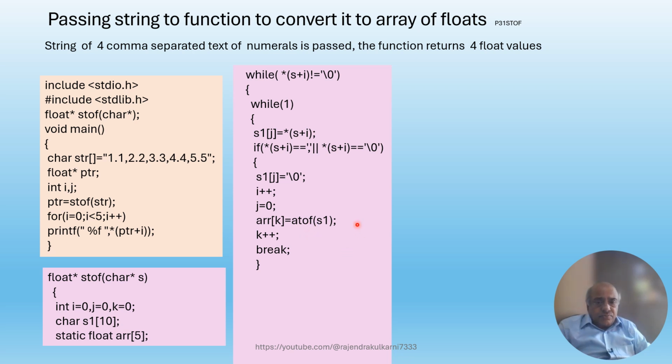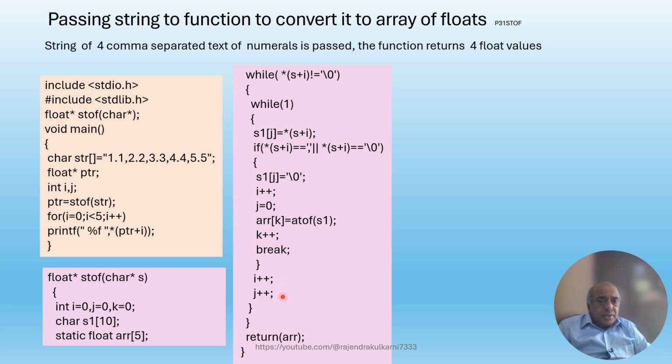So the a2f function converts that s1 string into a float value, and that float value is assigned to the 0th element of the arr array, and then the inner while loop breaks.